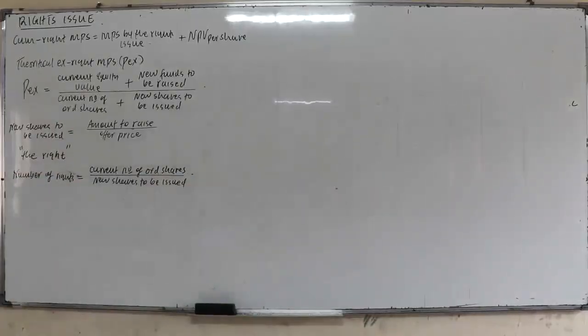That's how you determine the number of rights: you take the existing number of shares and divide by the number of new shares to be issued.